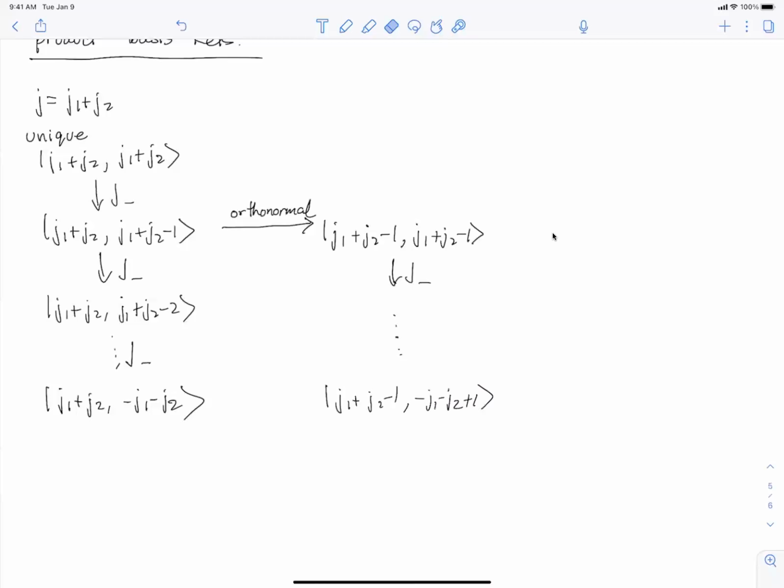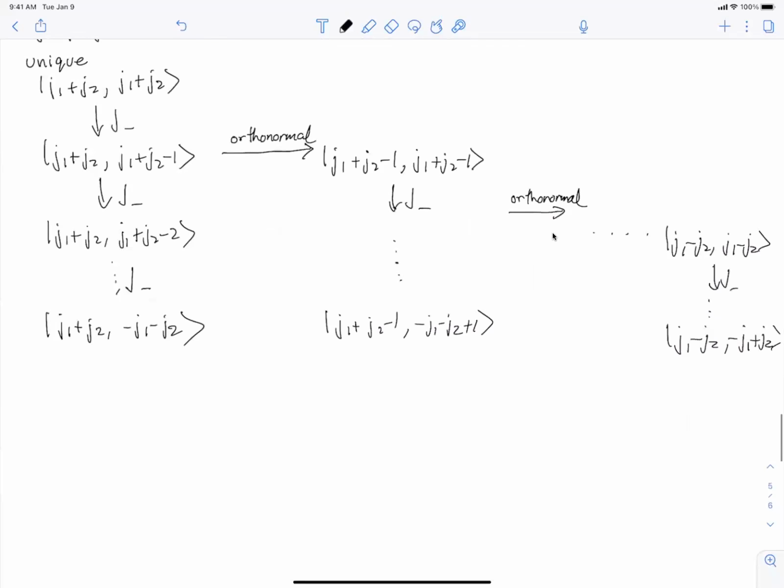Okay, and then the second one here, we again use orthonormality. And we keep going this way until we finally get to J1 minus J2, J1 minus J2, and then we act with J minus however many times we need to until we get the last state.